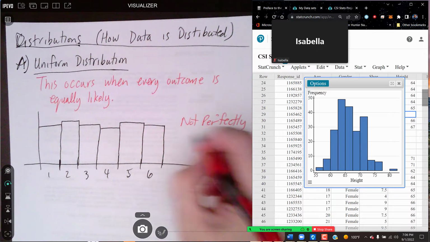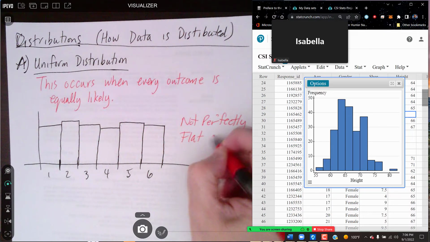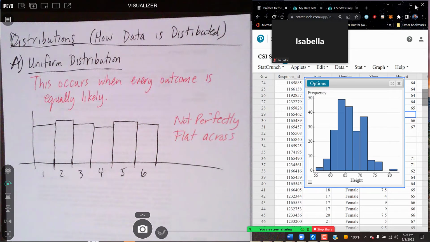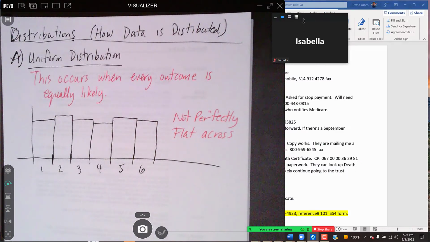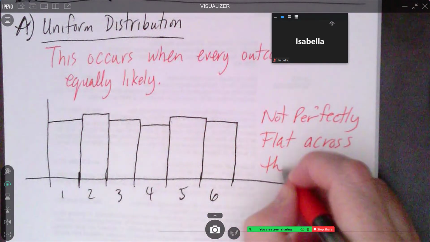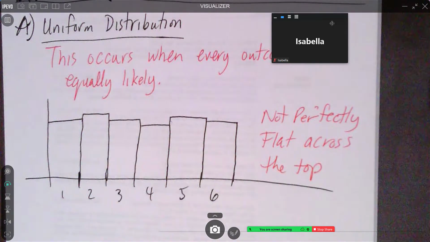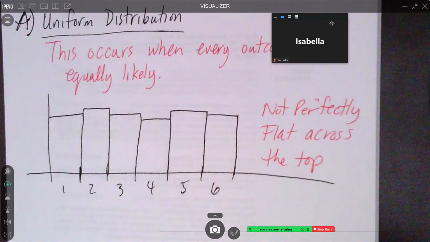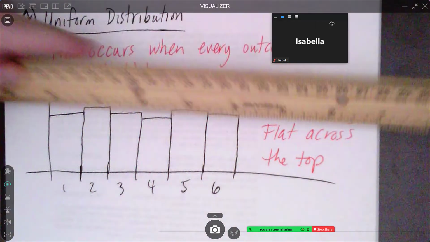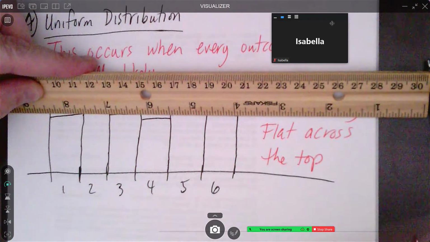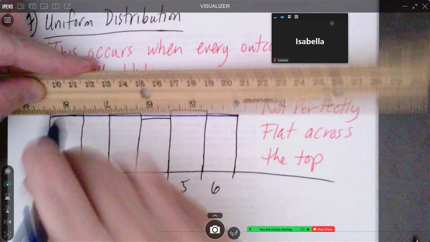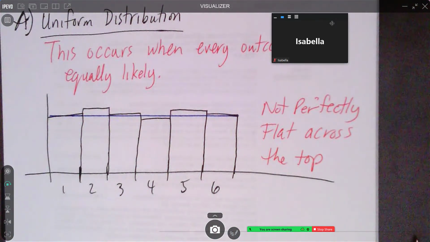Across the top. Let's minimize that. It's not perfectly flat across the top, but it's pretty close. Like I could draw a straight line from left to right, and most of the lines are pretty close to it.